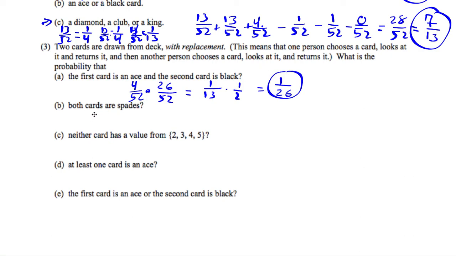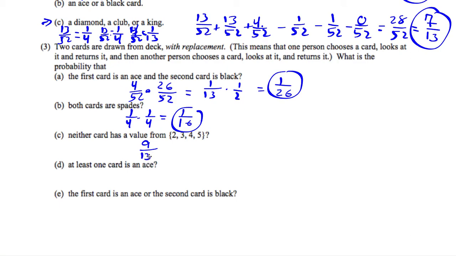Yep. And then both cards are spades. So that's a 1/4 probability times a 1/4 probability, which is a 1 over 16th probability. And then neither card has a value 2, 3, 4, or 5. Well, there are 13 cards minus these 4, so that means that there's 9 out of 13 remaining, right?